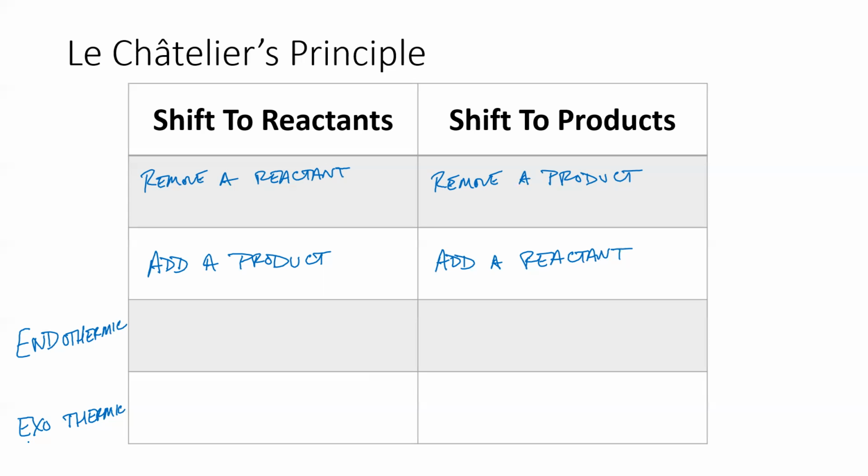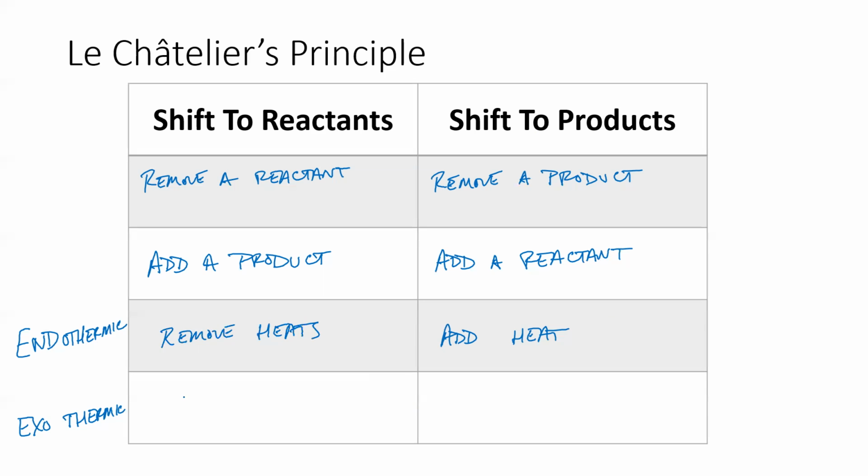Go into the products. Yeah. So remember, endothermic means that it uses energy. If we add heat, we're adding extra energy, and so we're going to be able to convert more of our stuff over to products. And so if we add heat, we shift to products for endothermic. And if we remove heat, we shift to the reactants.